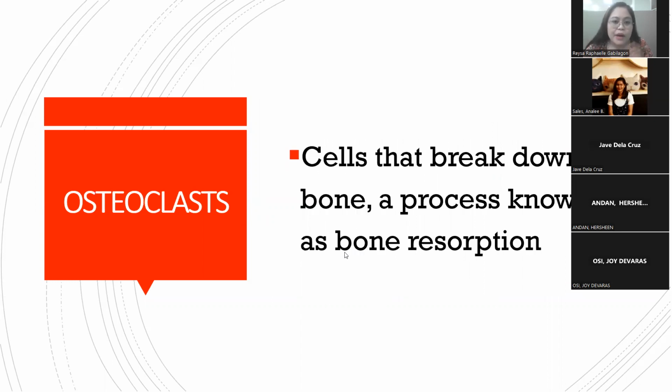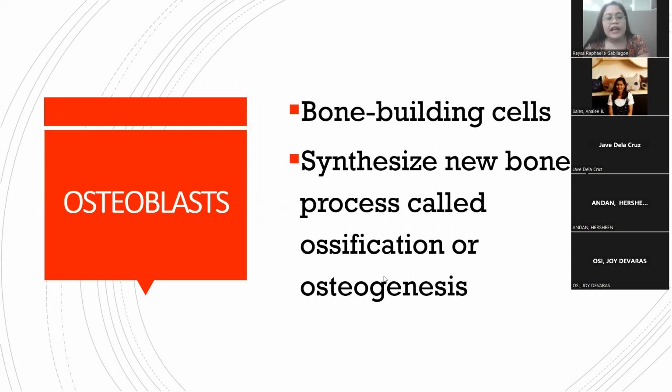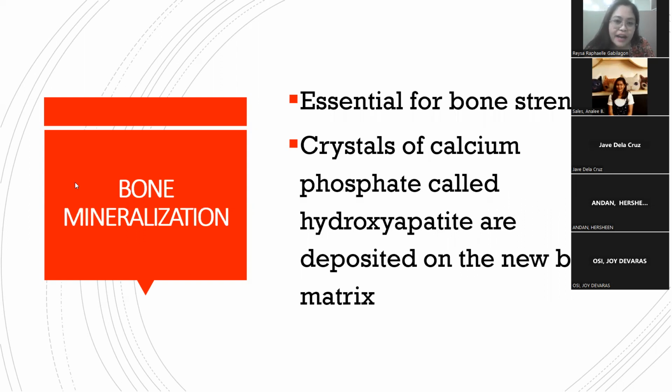Let me repeat that one. For the breakdown of bones, we have the osteoclast. The process is bone resorption. And then for making new bones, we have the osteoblasts. The process of making new ones is called ossification or osteogenesis. Okay?